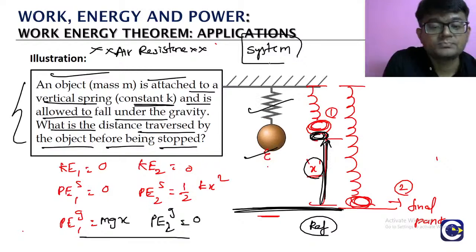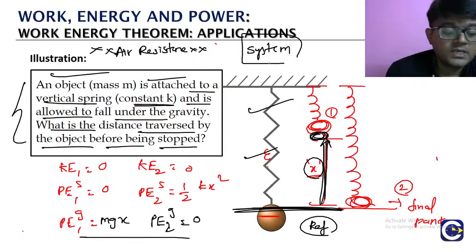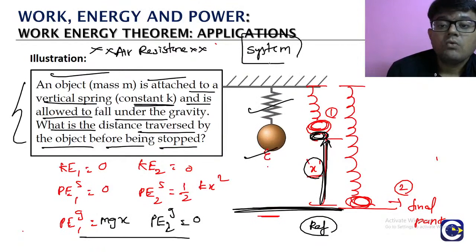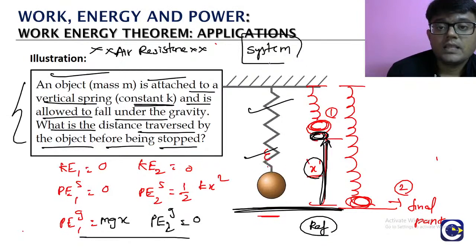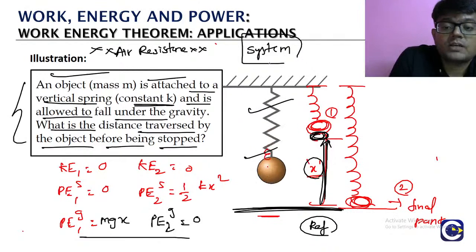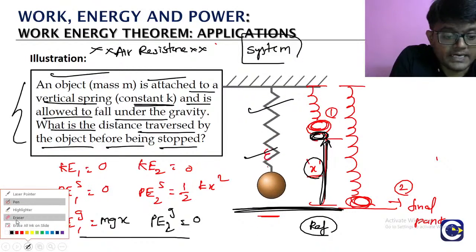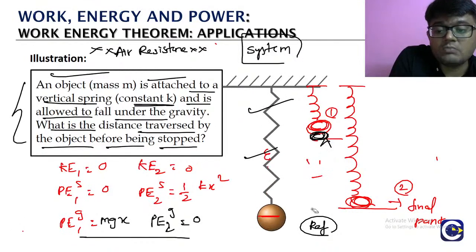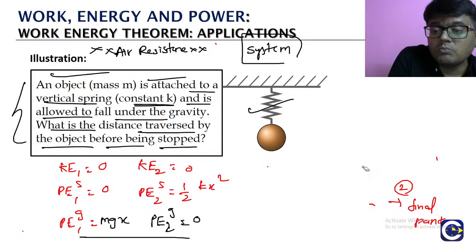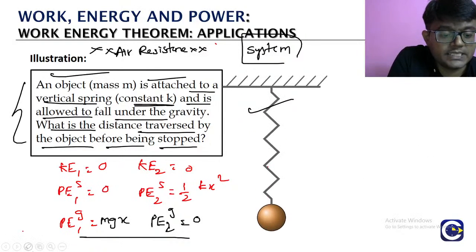So we are considering the spring and the mass together. For this, there is no air resistance, which means there will be no work done by external forces or other non-conservative forces. That means we can apply the conservation of mechanical energy. When we talk about the conservation of mechanical energy, we get both the spring potential energy term as well as the gravitational potential energy.